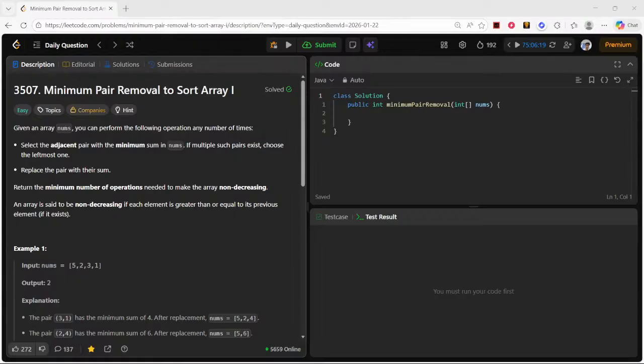Right, now you can see the question: minimum pair removal. That's the question.